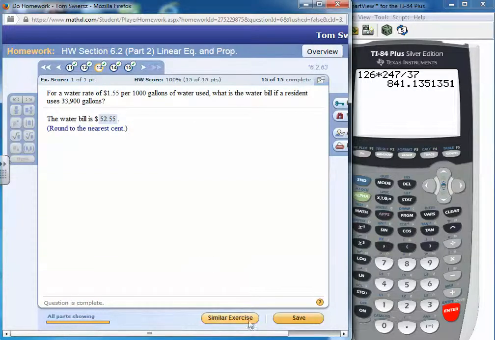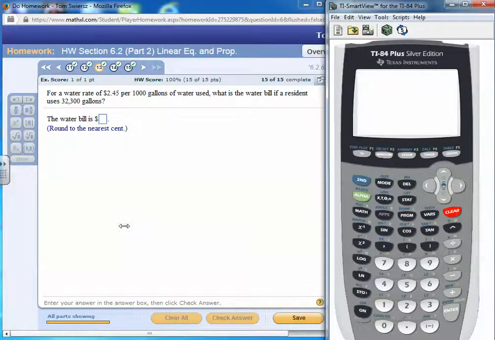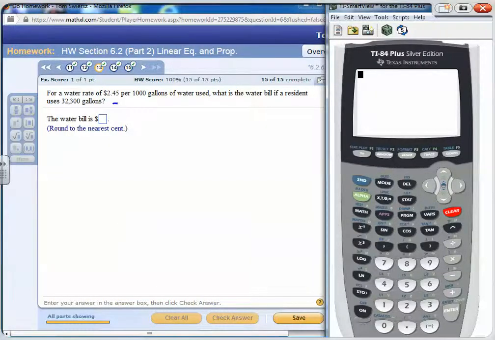Let's look at homework exercise 13. For a water rate of $2.45 per 1,000 gallons, what is the water bill if we use 32,300 gallons? So again, the variables are the cost and how many gallons of water we use, right?